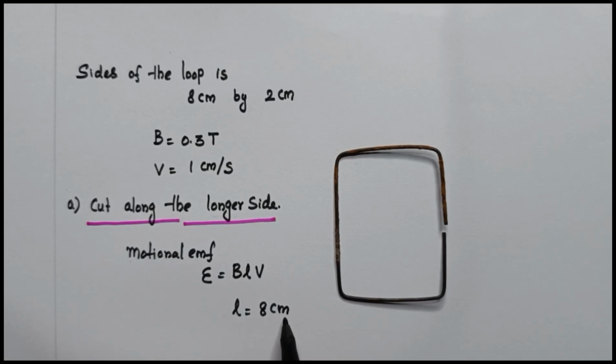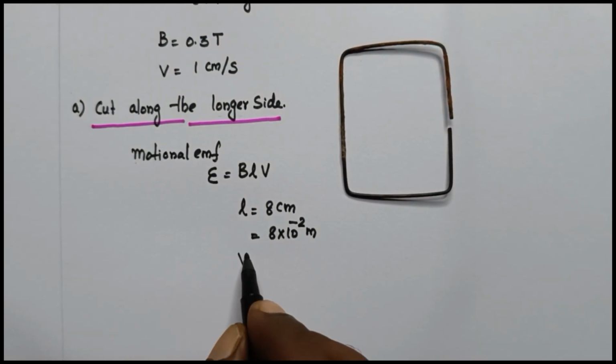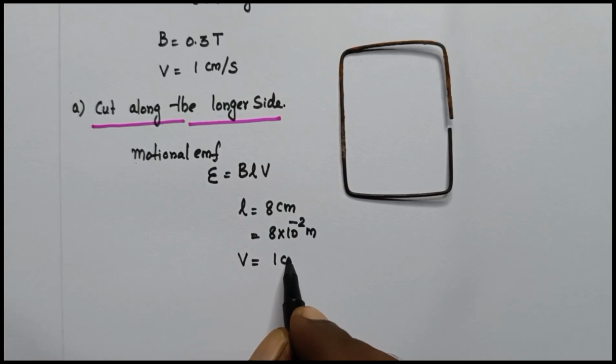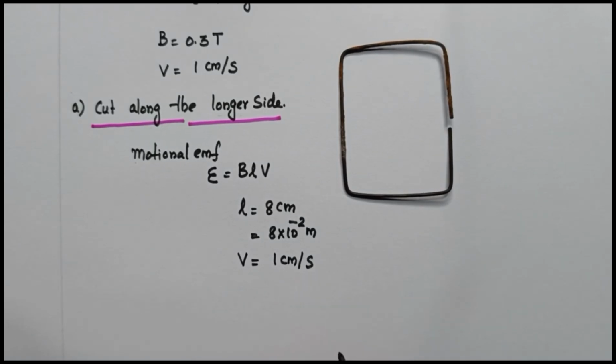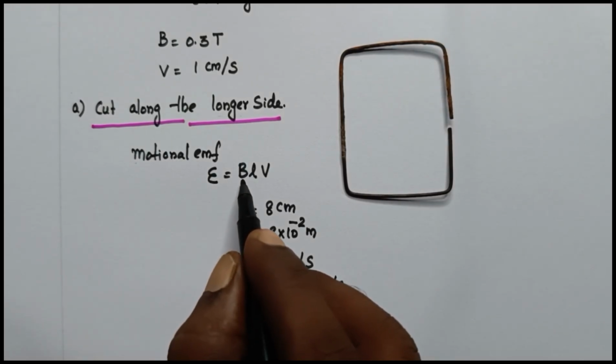This has to be converted to SI unit meter. This is equal to 8 into 10 to the power minus 2 meter. Velocity of the loop is 1 cm per second. Converting to SI unit, we get 1 into 10 to the power minus 2 meter per second. B is already known, 0.3 Tesla.